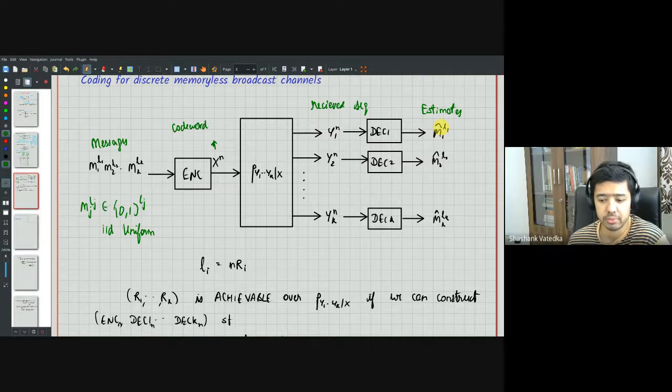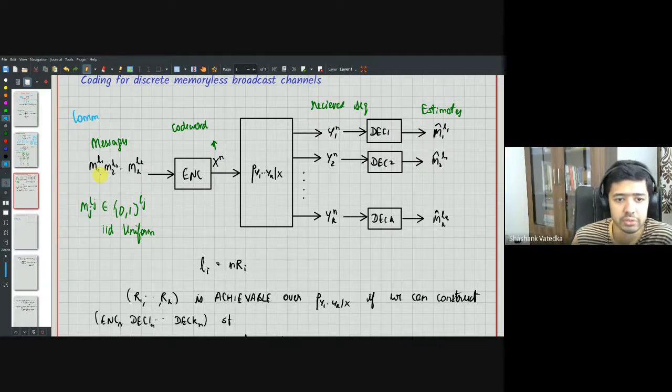Now, sometimes people study this in a slightly different way. Here throughout we'll be assuming that all the messages are independent, and these independent messages need to be sent to each of the receivers. Sometimes what people also analyze is the case where there is a common message.